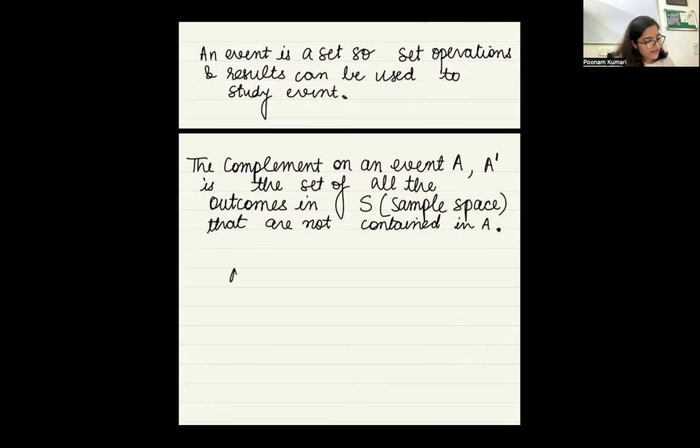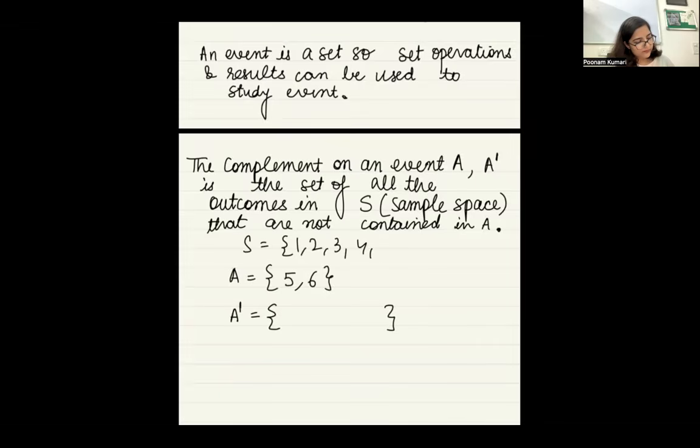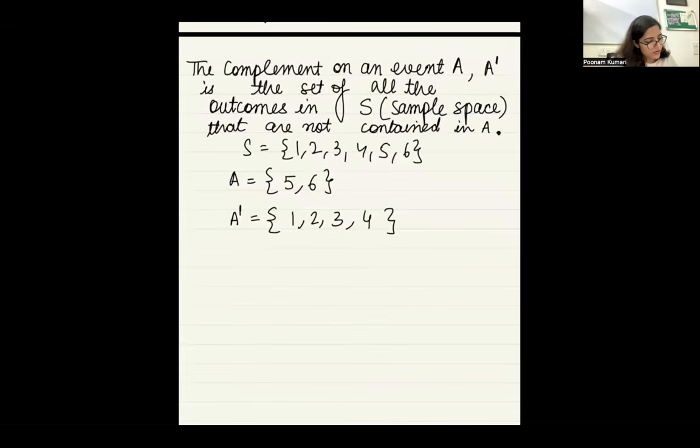Let's say I have an event A which has two outcomes, 5 and 6, and my experiment is rolling a die. What will be A complement? 1, 2, 3, and 4. Perfect. So this is A complement.